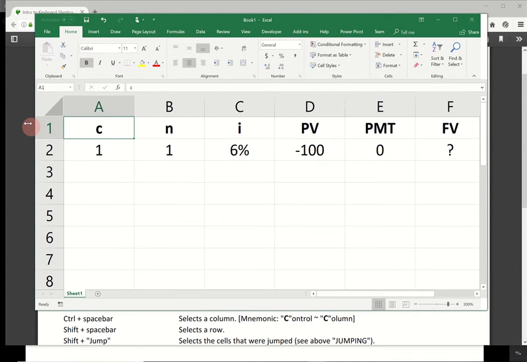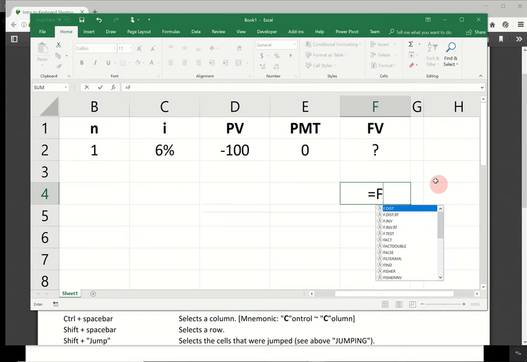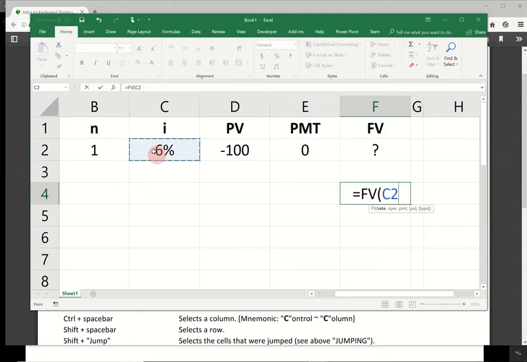Okay, and then somewhere maybe below FV, either on the 3rd row or maybe the 4th row, you can put, say, equal FV future value, and then it prompts you for the interest rate, so you can select the interest rate, and then after you type in comma, if I hit a space bar, I think it makes it a little bit easier.